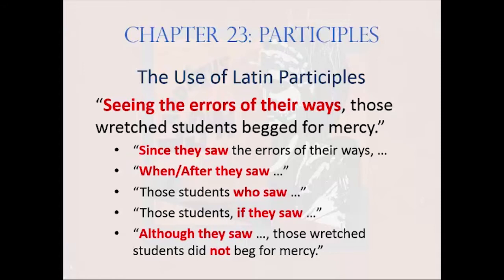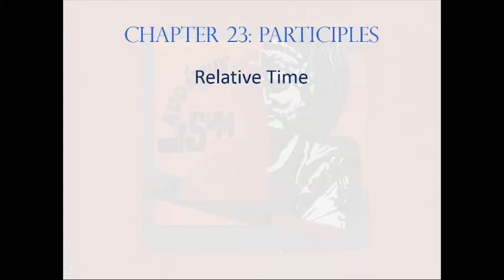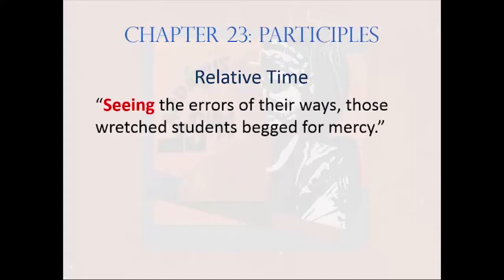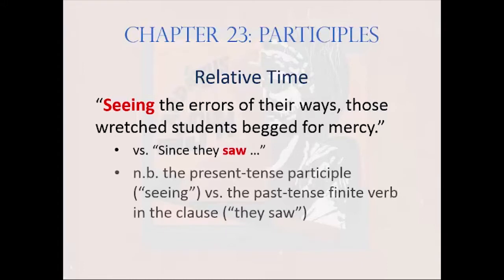These translations raise another important issue concerning Latin participles, one we'll deal with several times in this class: the concept of relative time. Returning to the same sentence we were just using, "seeing the errors of their ways, blah, blah, blah," which can be rendered in English with a clause like, "since they saw," note that the present tense participle seeing is represented by the past tense finite verb saw in the clause.